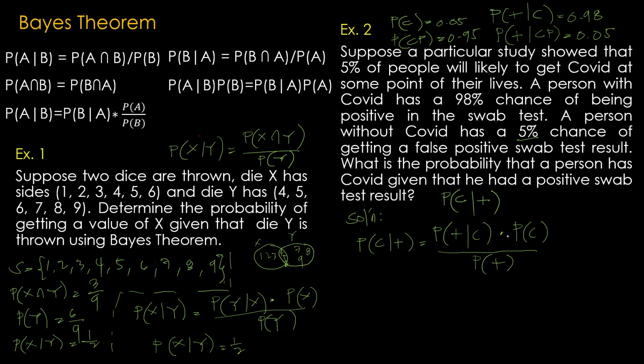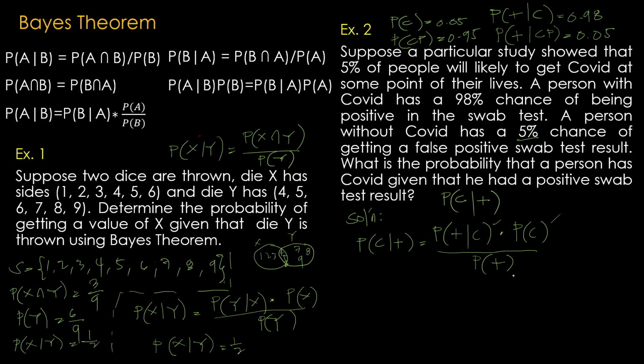Okay? Ano yung values na meron tayo? We have the probability of getting a positive swab test result given that you already have COVID, and we already know the probability of getting COVID. So that is the probability of C. And we only lack this value. Ito na lang yung kulang natin.